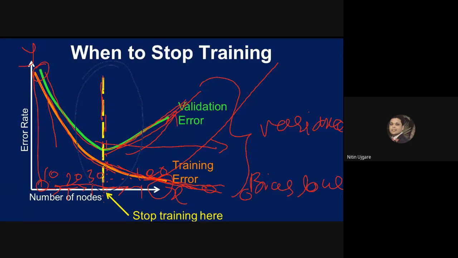As soon as we cross this dotted early stopping criteria yellow line, which has the impact of reducing the train error but increasing the validation error, whenever the validation error starts increasing, we should realize that this is the right time to stop training the model, right?